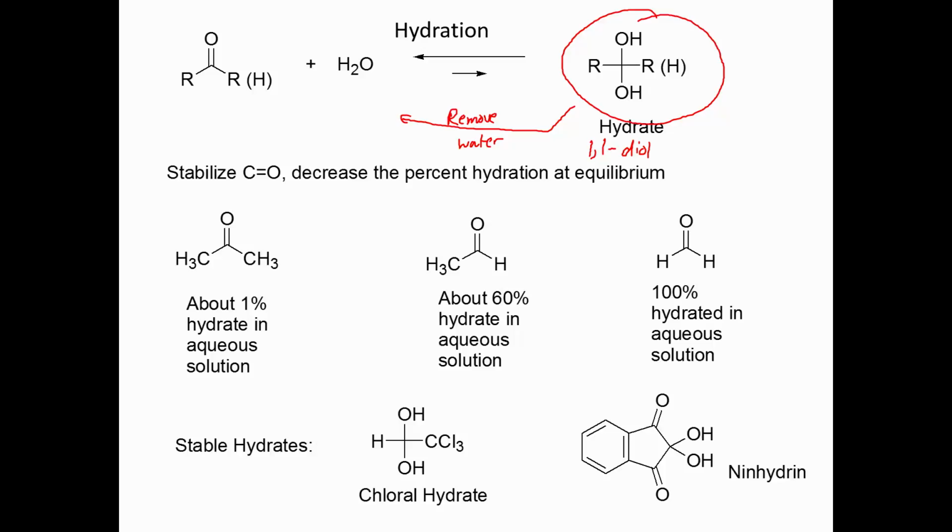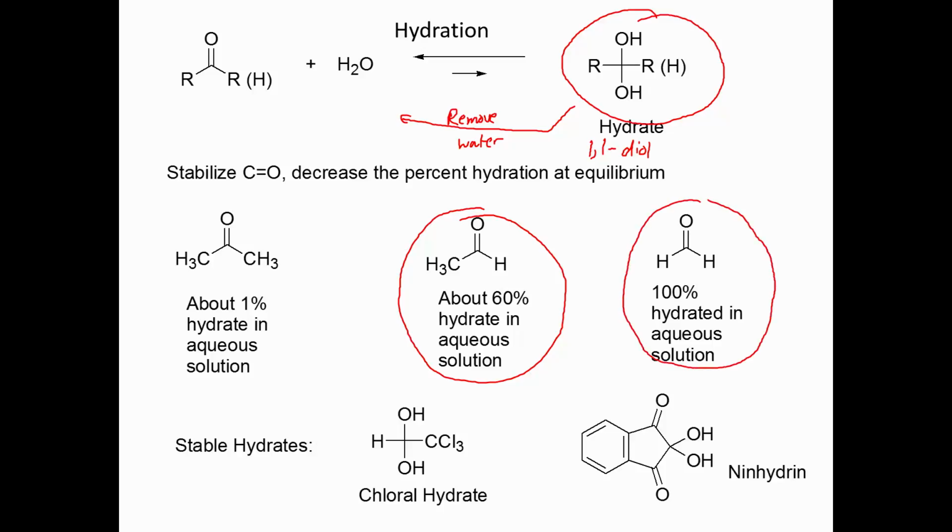And here, of course, we're maximizing the concentration of water. So this is about as far as the equilibrium could ever go. In an aldehyde, for acetaldehyde, it's about 60% hydrated in aqueous solution, and formaldehyde is actually 100% hydrated in aqueous solution.